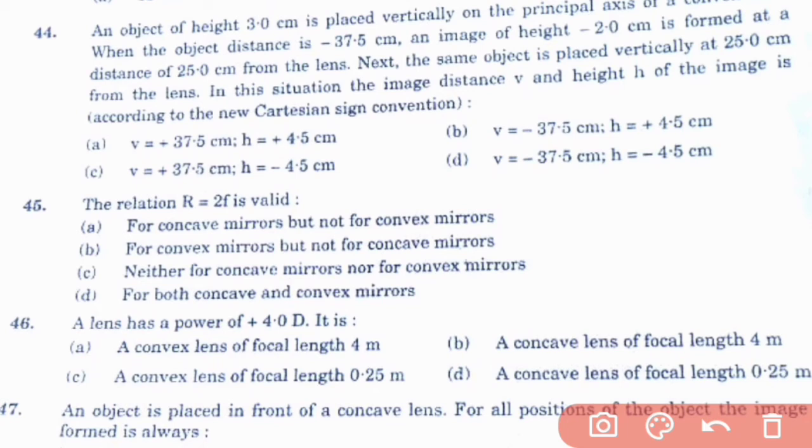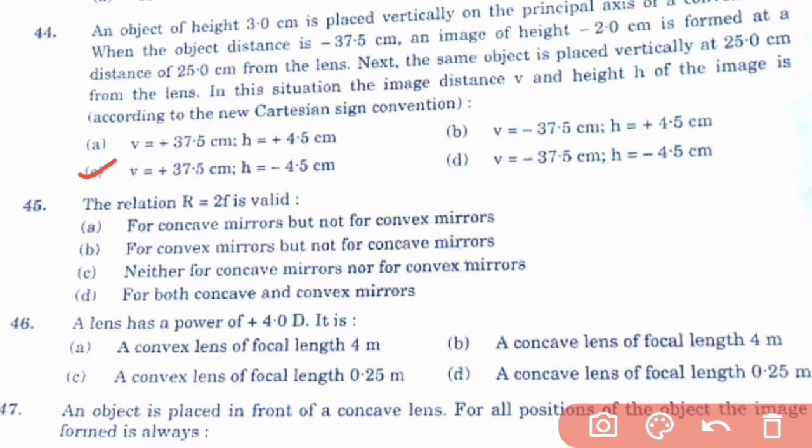In this situation, the image distance v and height of the image h, according to the new Cartesian sign conventions, are: A, v is equal to 37.5 centimeter, h is 4.5 centimeter; B, v is minus 37.5 centimeter, h is plus 4.5 centimeter; C, v is equal to 37.5 centimeter and h is minus 4.5 centimeter; D, v is equal to minus 37.5 centimeter and h is minus 4.5 centimeter. So the correct answer is v equal to plus 37.5 centimeter, h is minus 4.5 centimeter.